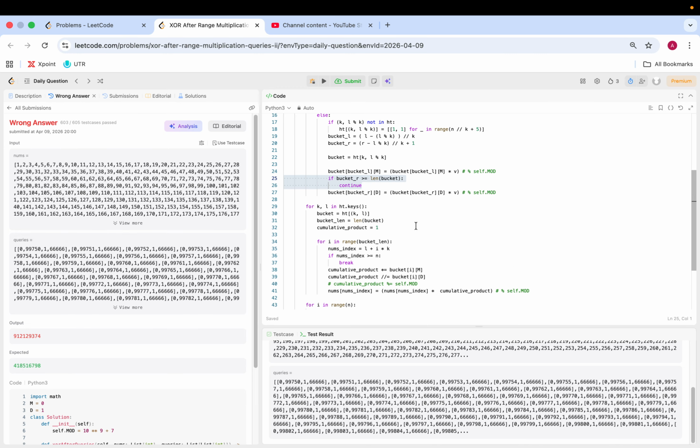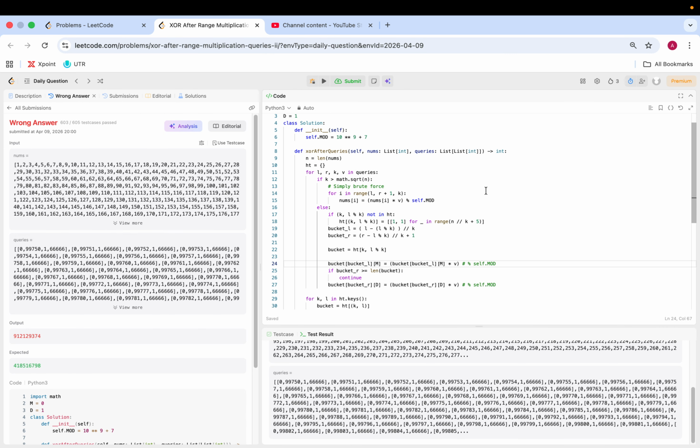See, I'm not really solving anymore. I'm just guessing. Unless it's this. Maybe, I mean, this is the only other dodgy part of my code, right? A difference array.